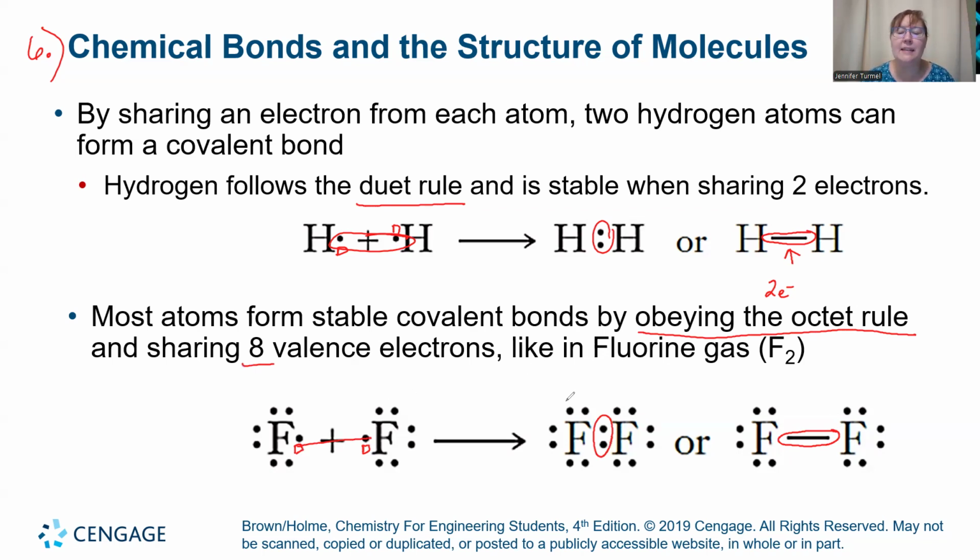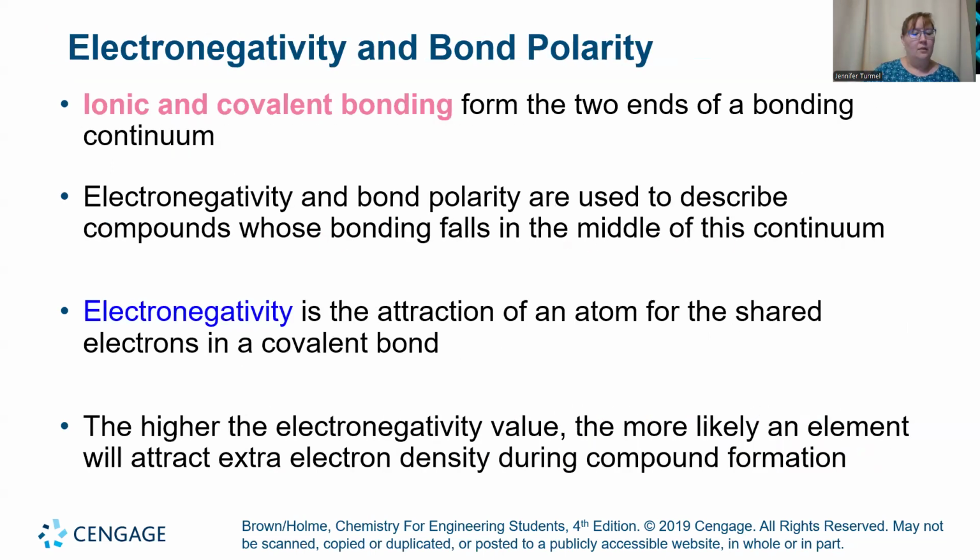And what that means is that each one of these hydrogens has 2 electrons on it. Each one of these fluorines has 8 electrons. See, there's 8 there on that fluorine. And then you can come over here and say, okay, there's 8 there on that fluorine. Okay, and that's how they share to form 8, or the octet rule. All right, so here we are up to our slide 7.